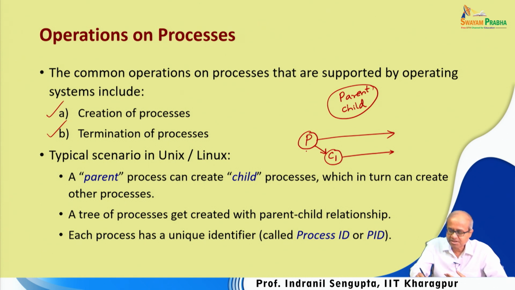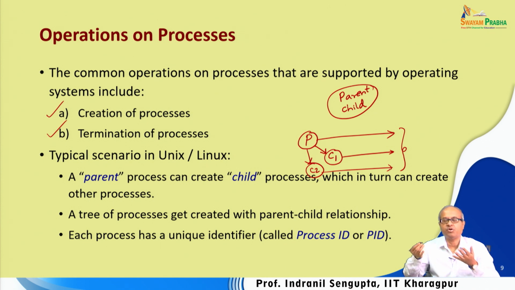The parent process can also create another child process C2, and C2 can also continue execution. So, all these processes, a parent and multiple children which were created, are running as concurrent processes in the operating system. Initially there was one process, now there will be 3 processes.